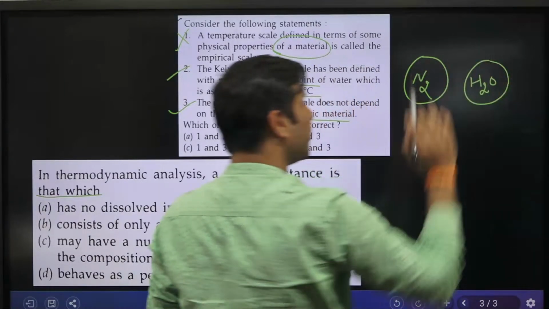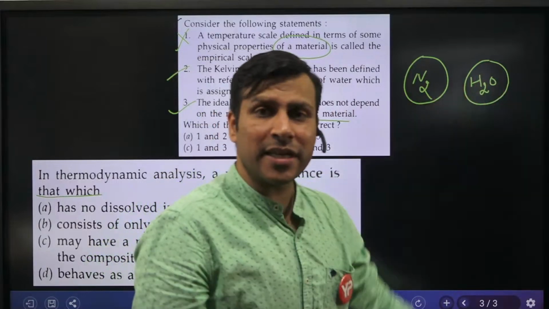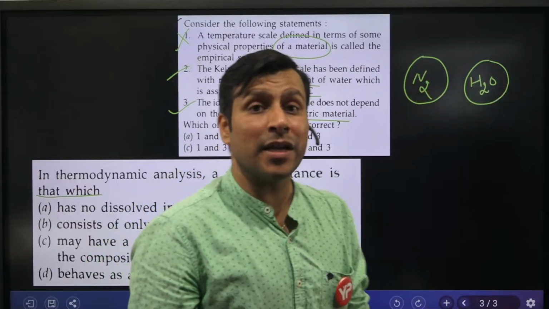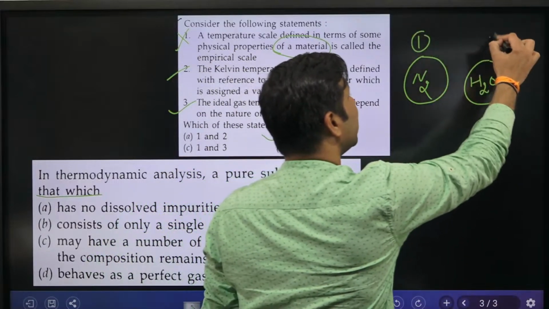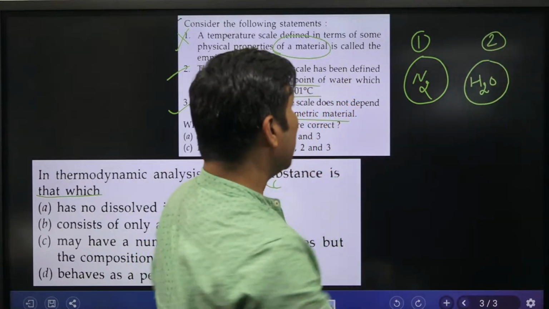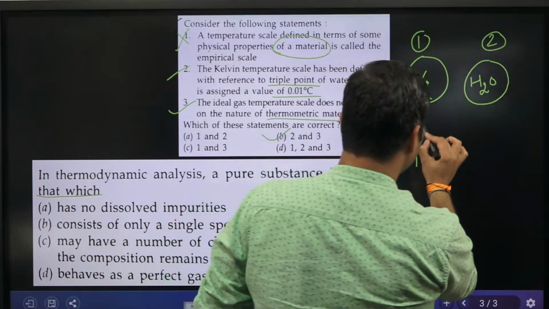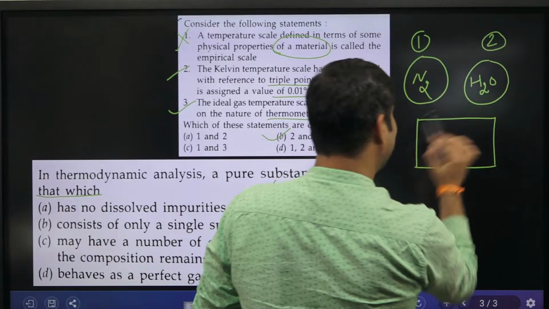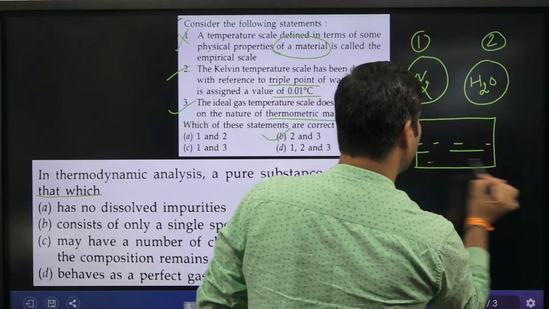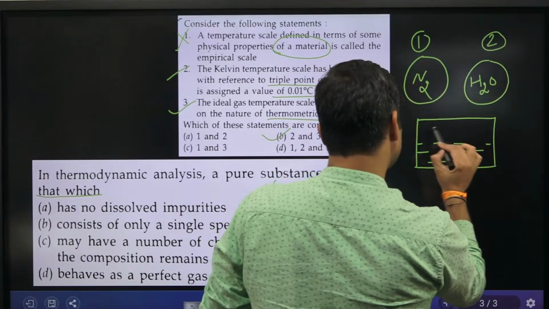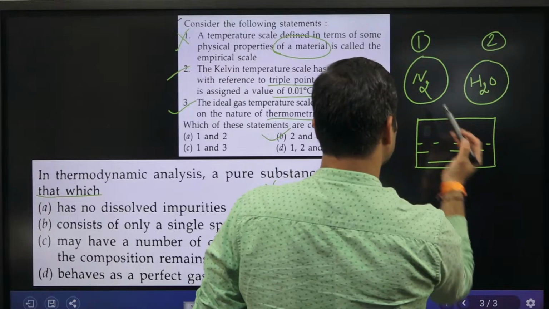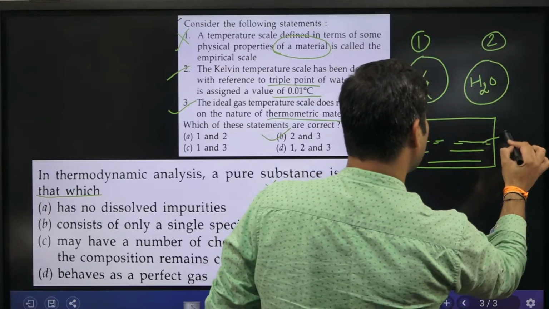Both are pure substances because they are homogeneous in chemical composition and chemical aggregation. This is container 1, this is container 2. But suppose I take a container in which water is available and oil is also there. Here is water, here is oil.